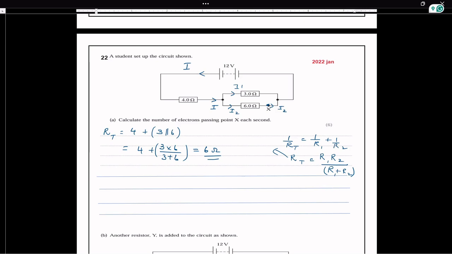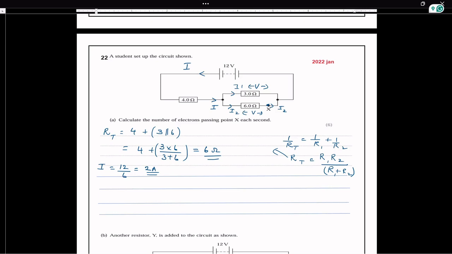Okay, so first of all, let us find out I, which is 12 over 6, which is 2 ampere. But we know that since it is a parallel connection of 3 and 6, whatever is the voltage across this 3 ohm resistor, the same will be the voltage across the 6 ohm also, because they are a parallel connection.